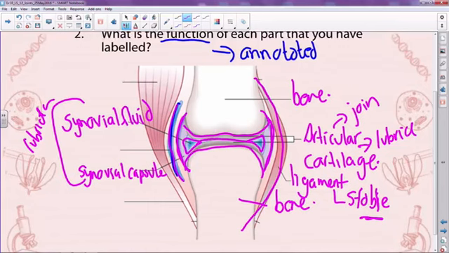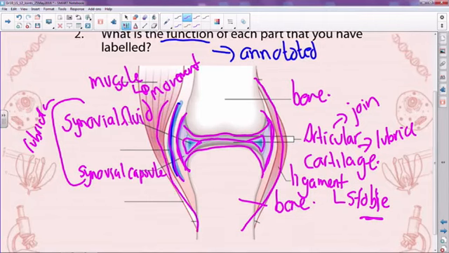Now, a joint needs to be able to move. We know that bone is very heavy, so how is a joint going to move? A joint needs muscle. And what does muscle do? Muscle supplies the movement. But a muscle doesn't join directly to a bone, because that would keep on tearing off.